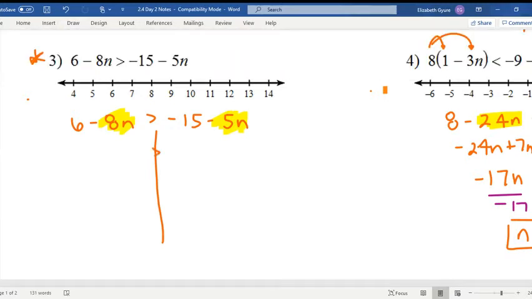We are going to move the 6 over and make it a negative. Good. Mason Jimenez, tell me something else I should do. Well, what do you think about the negative 8n? Do you think that's on the correct side or should I move it? You're absolutely right. It's on the correct side, so I can just leave that there. Does that make sense? Okay, cool.